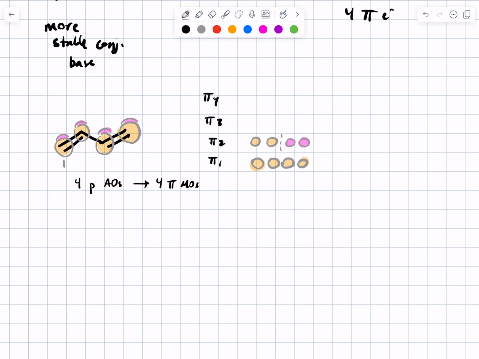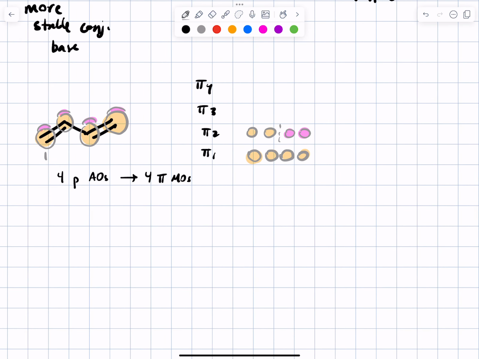Notice that these orbitals obey symmetry rules, which are tied up also in probability, which we don't need to go into. Notice that in the pi1 molecular orbital, this lowest energy orbital is what we will call mirror symmetric, meaning the wave function sign is identical on carbons 1 and 4 and identical on carbons 2 and 3, whereas the pi2 orbital has what's called mirror anti-symmetry.